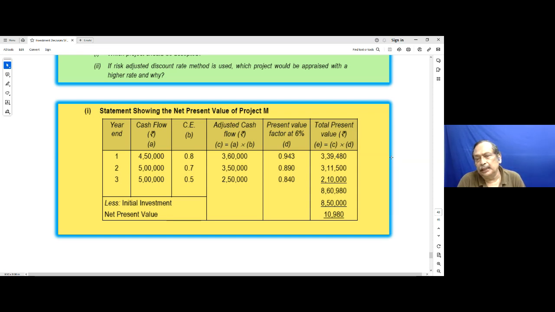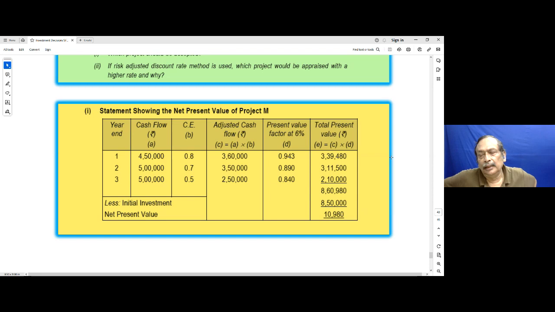Present value factor at 6%, that we have jotted down, 0.943. So total present value we get, that is C into D, that is adjusted cash flows multiplied by present value factor at 6% at the end of year 1.